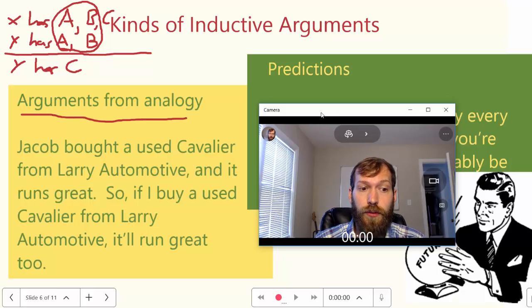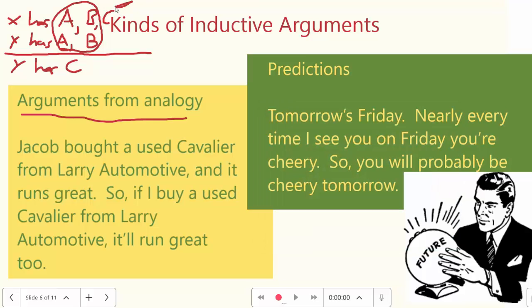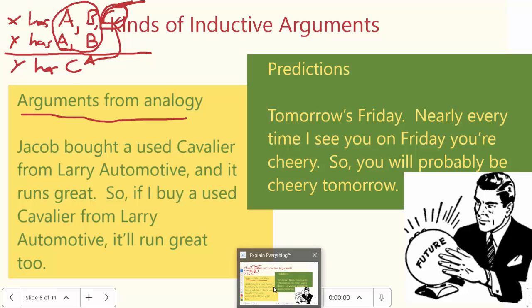So if I buy a used Cavalier from Larry Automotive, it'll run great too. So what we're saying is, hey, we've got these similarities, namely getting a Cavalier that's used from the same place, Larry Automotive, and because one car also has the property of running great, it'll follow that the car that I'm going to get is also going to have the property of running great.